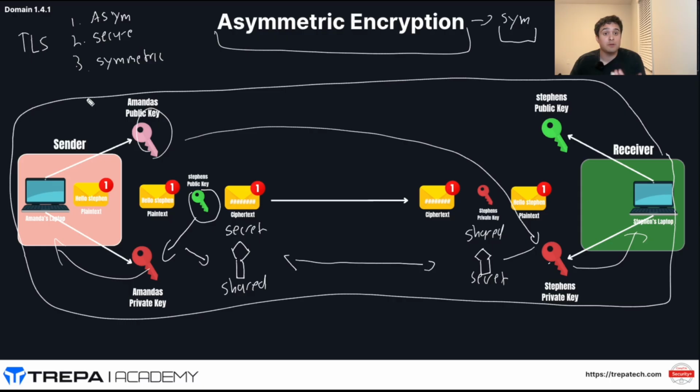So step one, asymmetric encryption, that creates a new shared secret key that's unique to our session between Amanda and Steven, and then we use that for our symmetric cryptography. That's how it works. That's how we can use asymmetric cryptography to do secure key exchange between end-to-end client to web server to do symmetric cryptography.